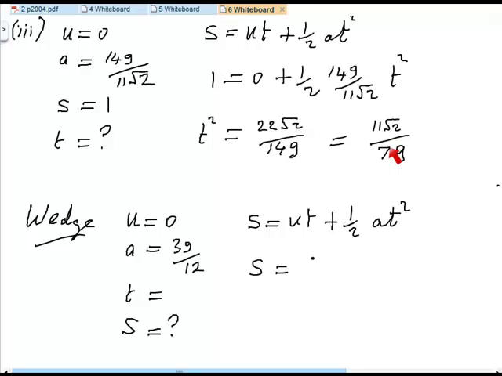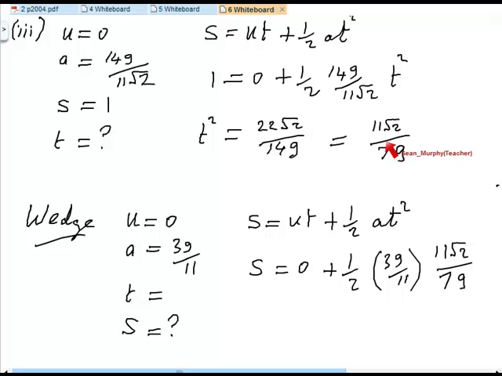S is equal to 0 times t, which is 0, plus a half a, which should be 3g over 11. Let's change that. A half into 3g over 11 by t squared, which is this quantity up here, 11 root 2 over 7g. And the reason why I didn't use a calculator up to now is because things often cancel at the end.